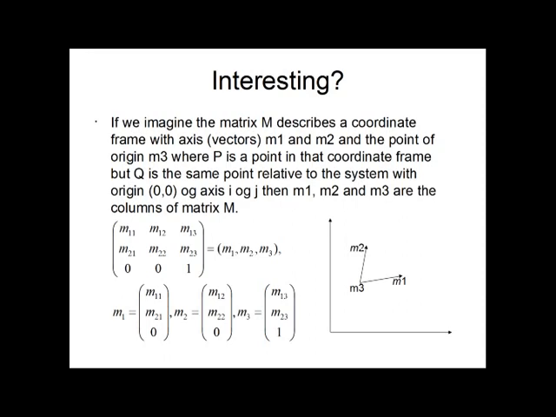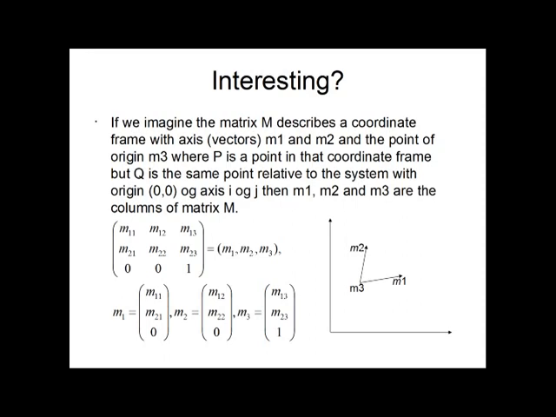The first column is this imagined x-axis, or the vector A in where we described coordinate frames, and the second column is this imagined, arbitrary y-axis. So in this way, we can simply say we have a transformation matrix, which is also a description of the coordinate frame that we're drawing into.